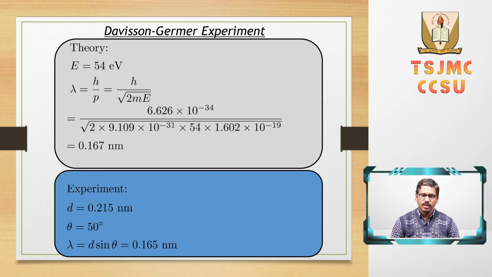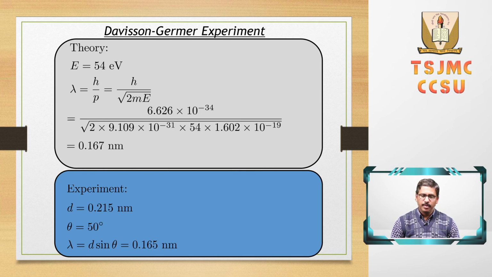In theory, if you take E equal to 54 electron volts, you can easily calculate the wavelength from the formula lambda equals h upon p. You know that E equals p squared upon 2m, so p is the square root of 2mE. You put in the values and you will get lambda as 0.167 nanometer.